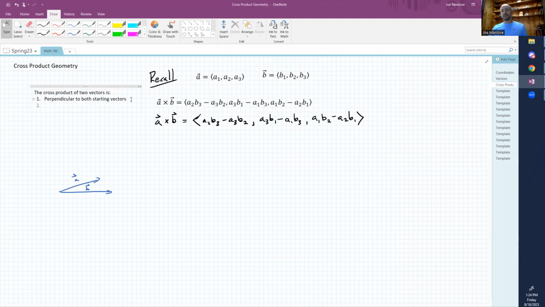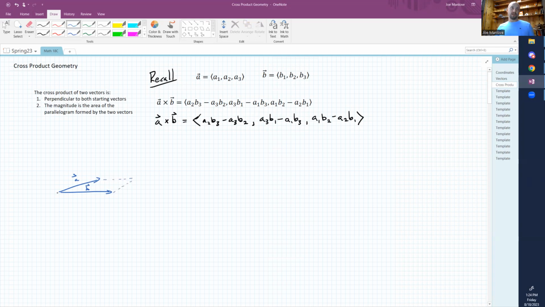Second thing second, this is going to be a size thing. So the magnitude is the area of the parallelogram formed by the two vectors. So what I mean by that is when I have two vectors A and B like this, there's kind of a parallelogram formed.